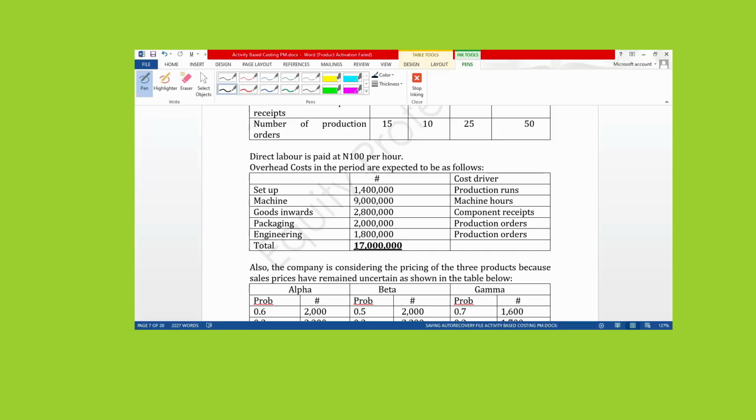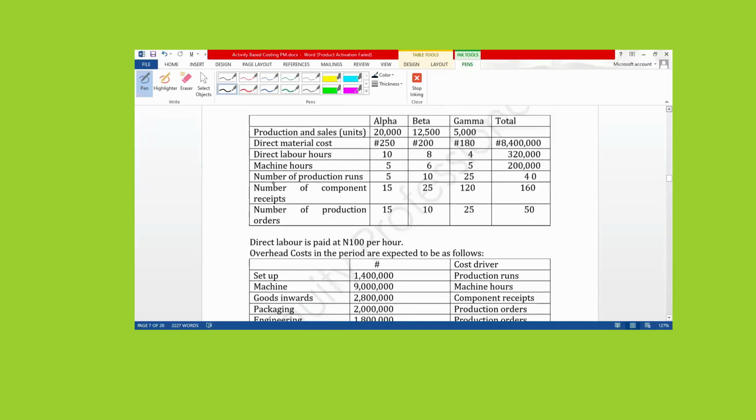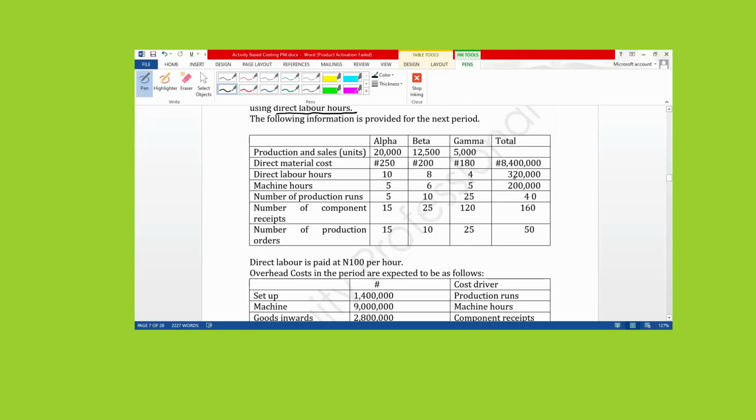Now pick the total, 14 million. Then total labor hour. Direct labor hour. Total is 320 million. Sorry, 320,000. We shall explain later.